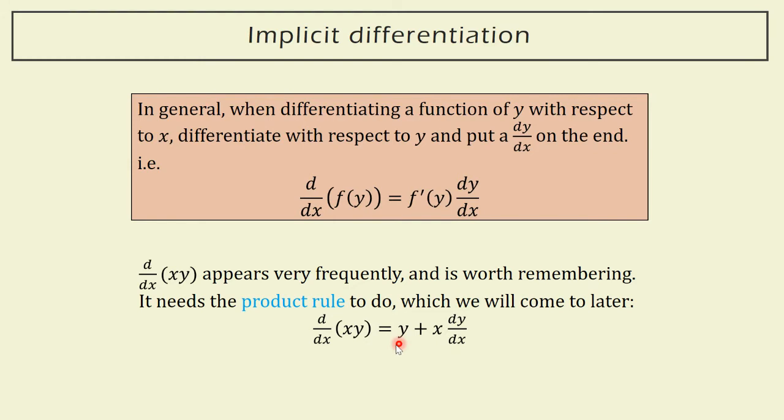So differentiate the x gives us 1, leave the y alone, that's still y. Leave the x alone, and then differentiate the y gives us dy by dx. So the derivative of xy is y plus x dy by dx. We'll come to why that is the case later on when we look at the product rule, but it's quite a useful one just to know now, just drop into some of the questions that we're going to do.